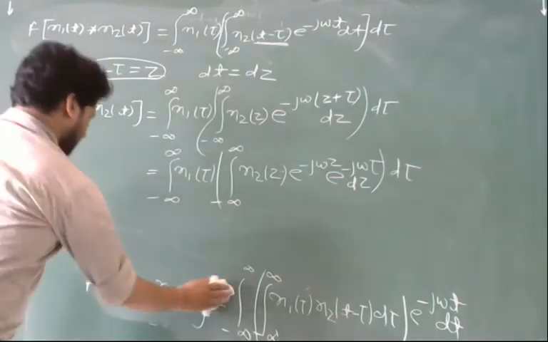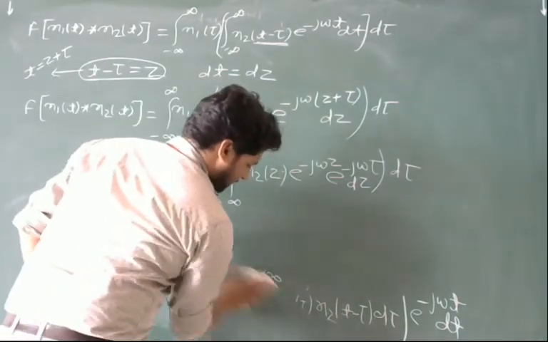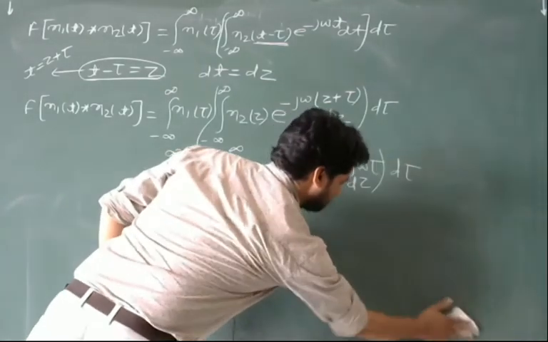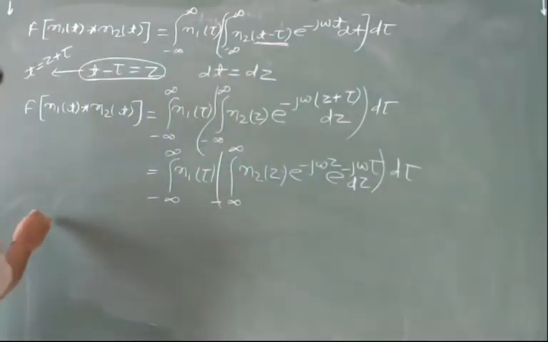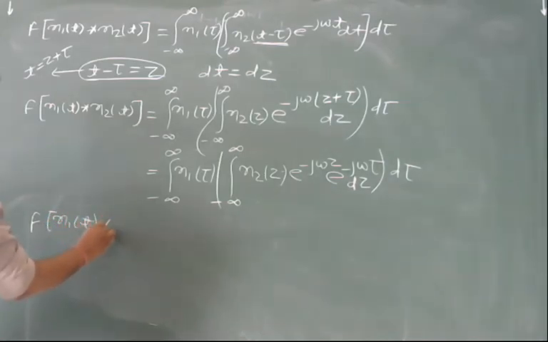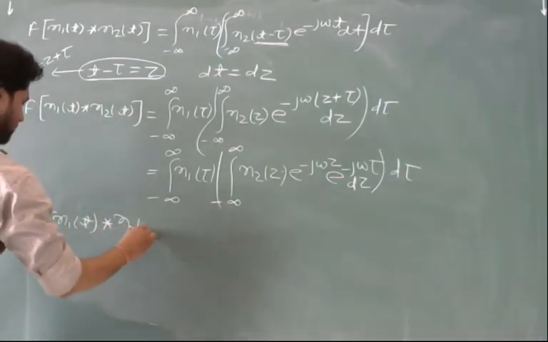Now this will become the convolution of x1t and x2t.